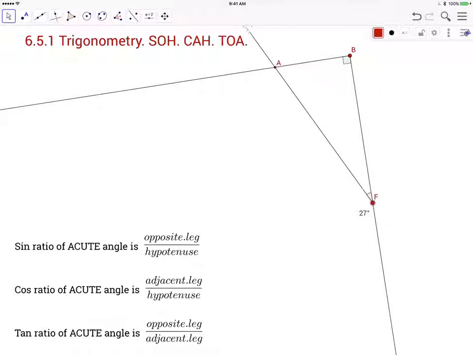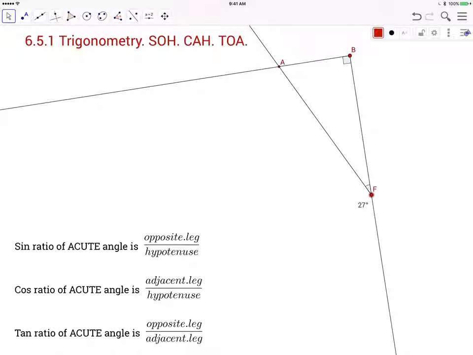And hopefully you can see that. Now concentrate on the fact that leg AB and hypotenuse AF, those two relationships remain constant. And finally, leg BF and hypotenuse AF, that relationship will remain constant.